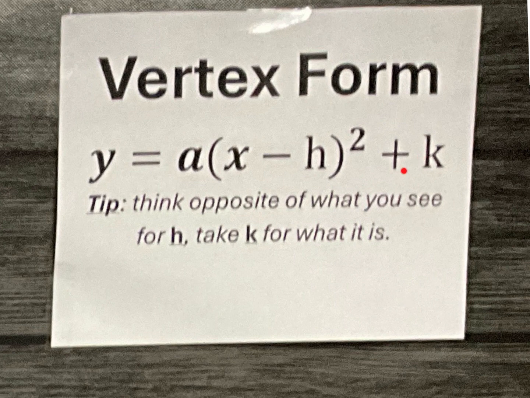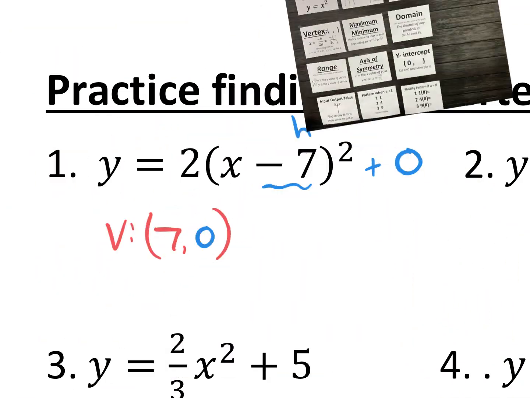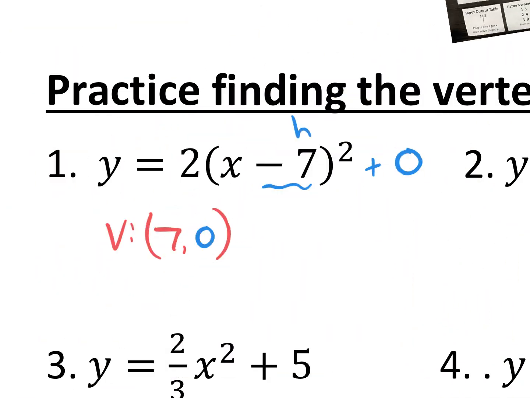If you see a +8, the y value of your vertex is +8. But the x value of your vertex is opposite of whatever you see here. So if you see a -2 right here, the x value of your vertex is +2. If you see a +9 right here, the x value of your vertex is -9. Think opposite on h and take k for what it is. So right here, think opposite on h, that's +7. Take k for what it is. There was no number, so we just put a 0.